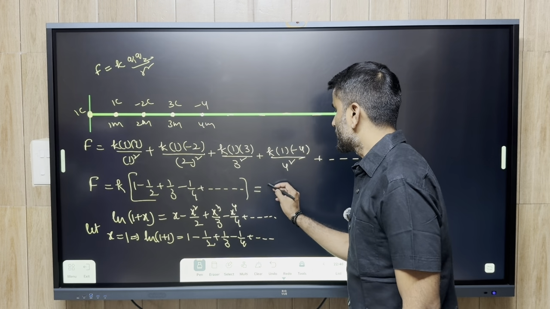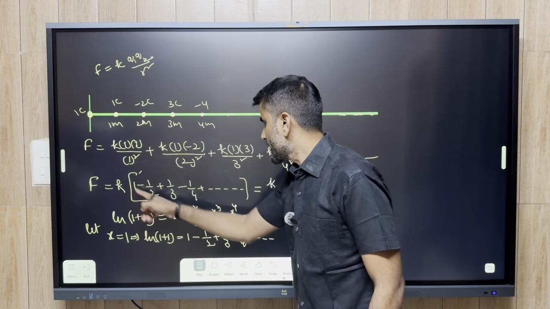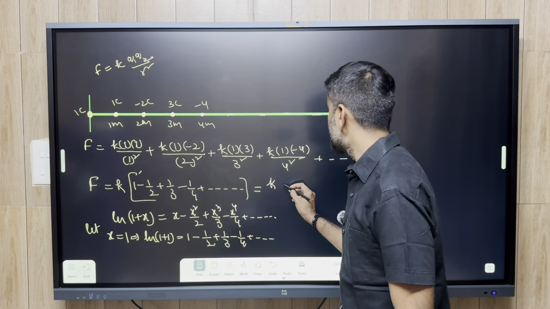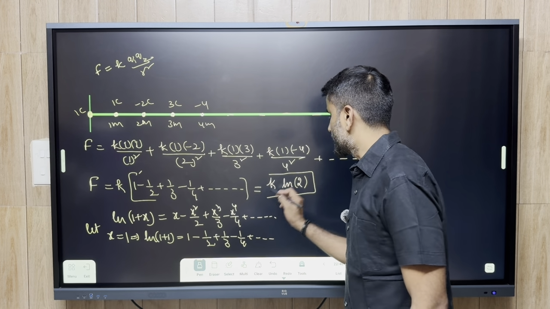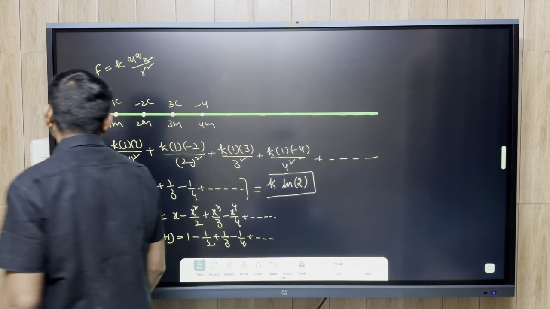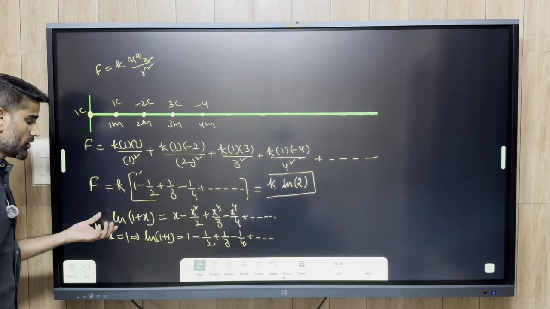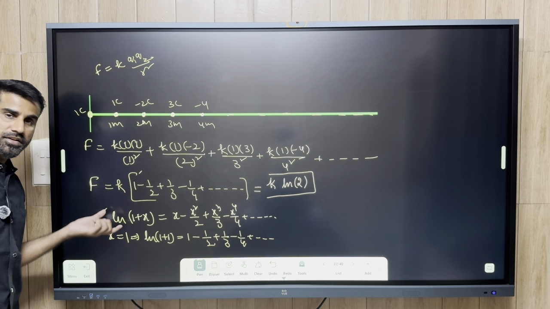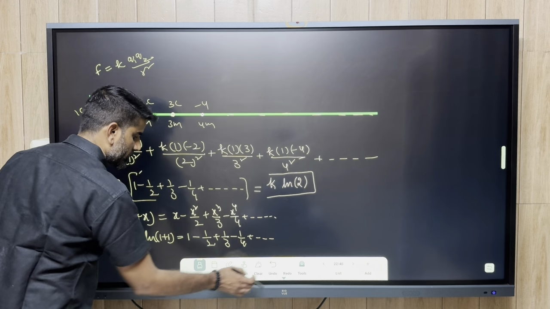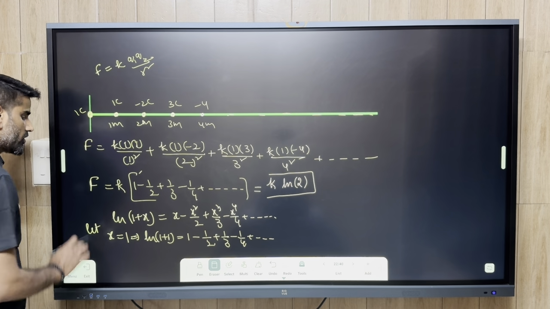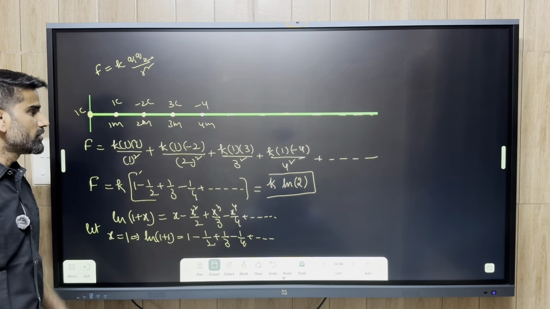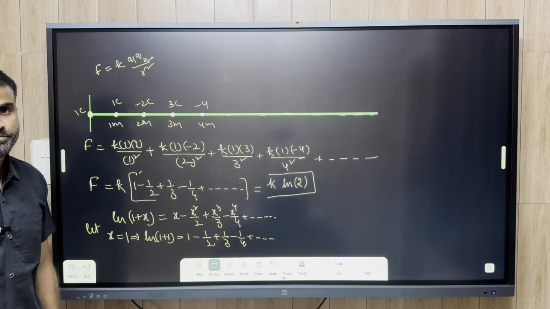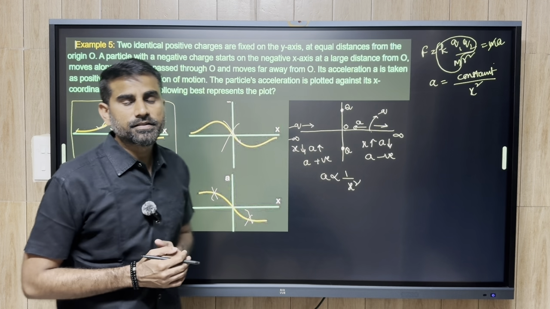So I can simply write this result as k times this entire thing, which is log 1 plus 1, which is log 2. So this will be our answer. You may not be familiar with this expansion, but trust me, this is one very good expansion in mathematics, and it is also helpful in our physics.